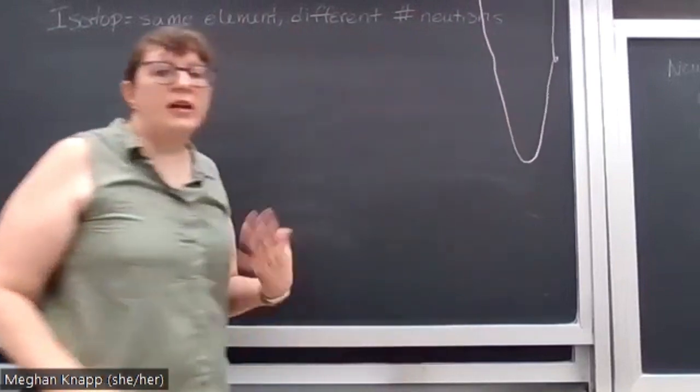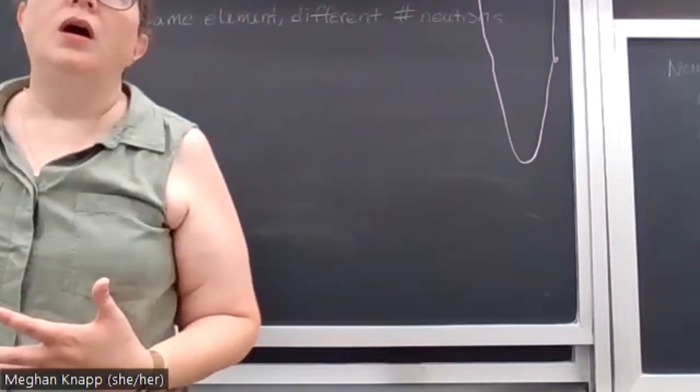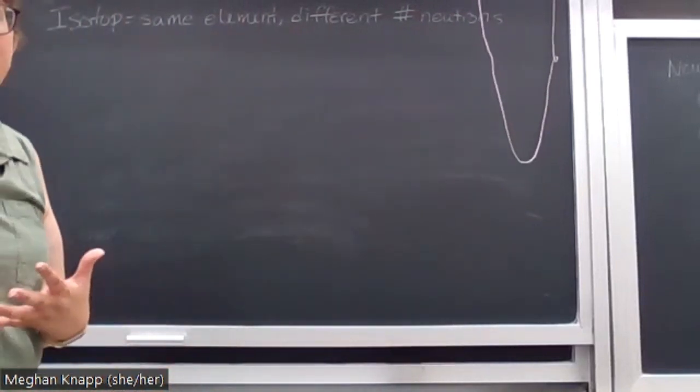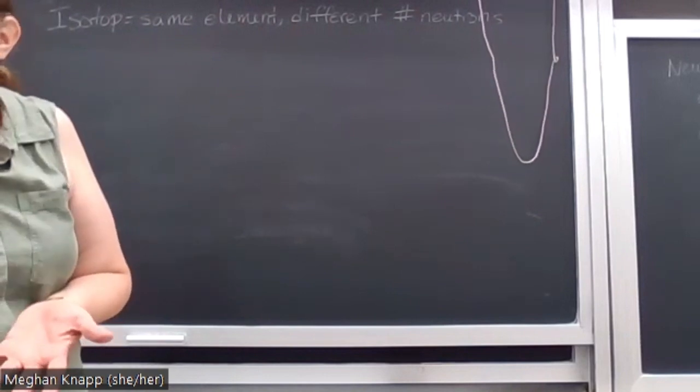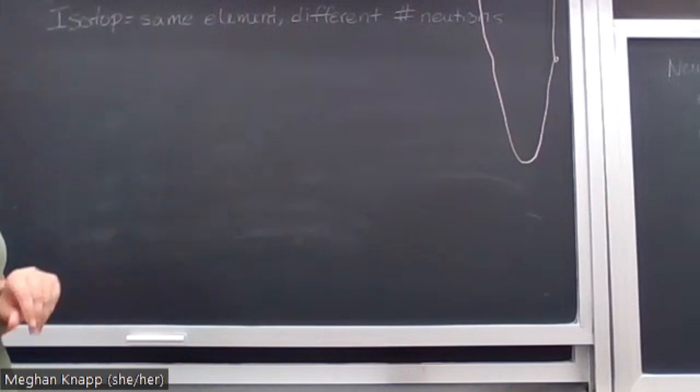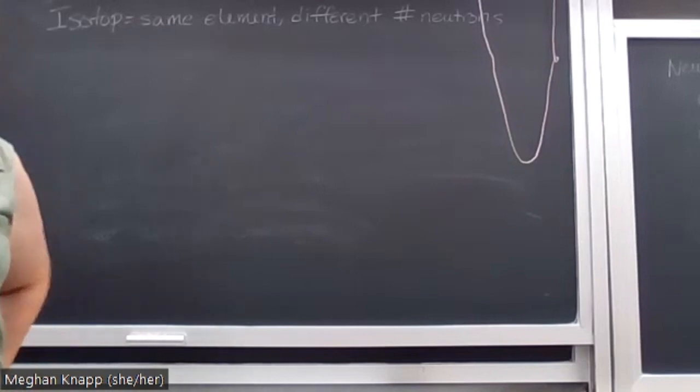Okay, so some of you recognized when we were talking about Dalton's rules that when he said every atom of hydrogen has the same mass, that's not exactly true. And isotopes are the reason that most elements are going to form more than one isotope, or they will have more than one possibility of the number of neutrons.